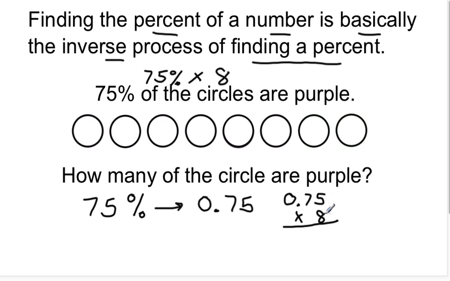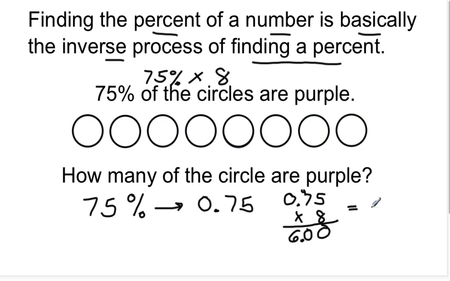you see that 8 times 5 is 40. Regroup the 4. 8 times 7 is 56 plus 4 is 60. And then we count our decimal places. 1, 2. Come over 1, 2 decimal places, and we get 6.